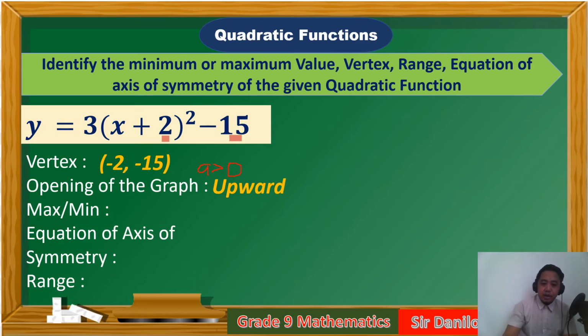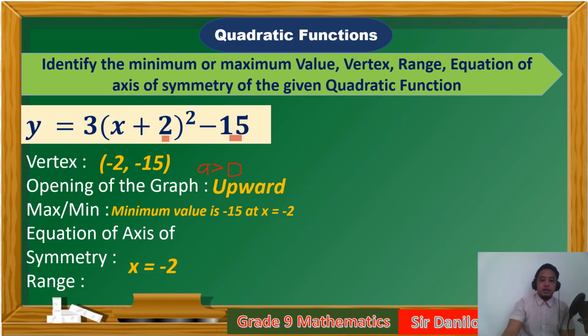Pag upward tayo, minimum. Okay? So, minimum value natin is negative 15. Yung K natin, minimum value is negative 15 at X equals negative 2. Okay? Kasi ma-reach mo yung minimum value pag ito ang H, ang X mo.